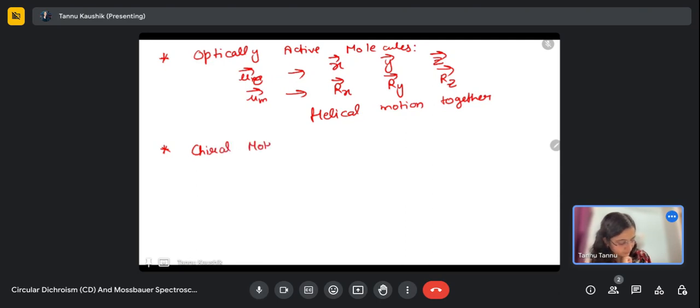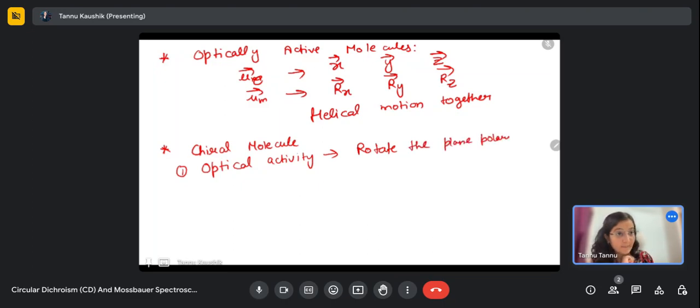Chiral molecules will exhibit optical activity, that is, rotate the plane polarized light, and they will have mirror images.